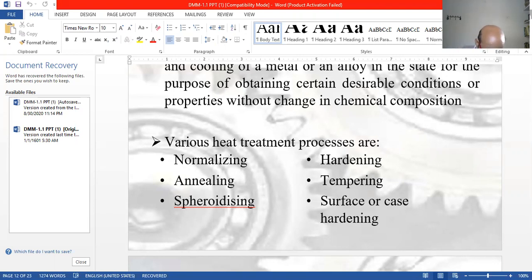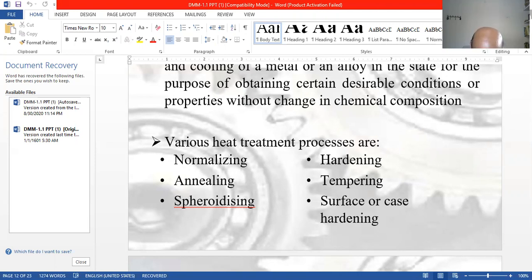Generally we apply spheroidizing at about 730 to 770 degrees centigrade, usually for carbon tool steels, very high carbon tool steels, which we will cut.